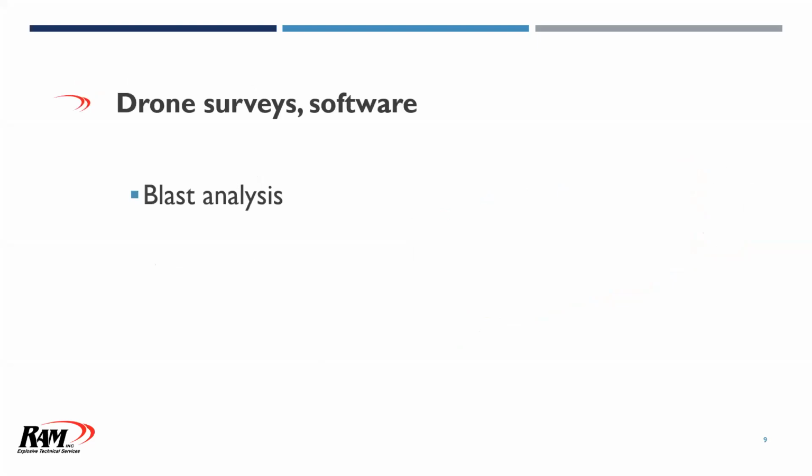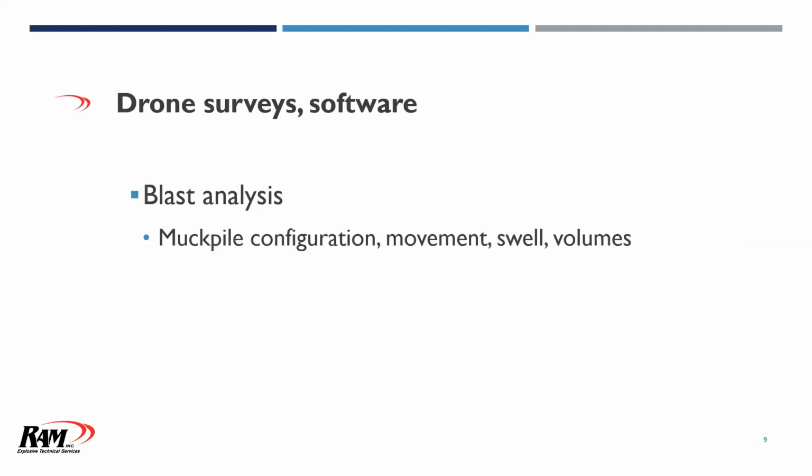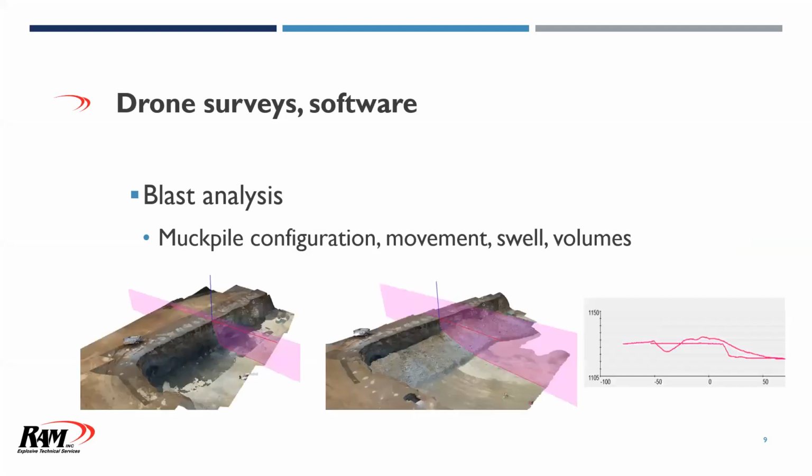On the blast analysis side, one of the key areas that we find as a tool to go in and analyze is muck pile configuration. We can look at the movement, swell, volumes. All these things can tell us a lot of good information about the performance of the shot. Here you can see where we've positioned a plane mid-blast.